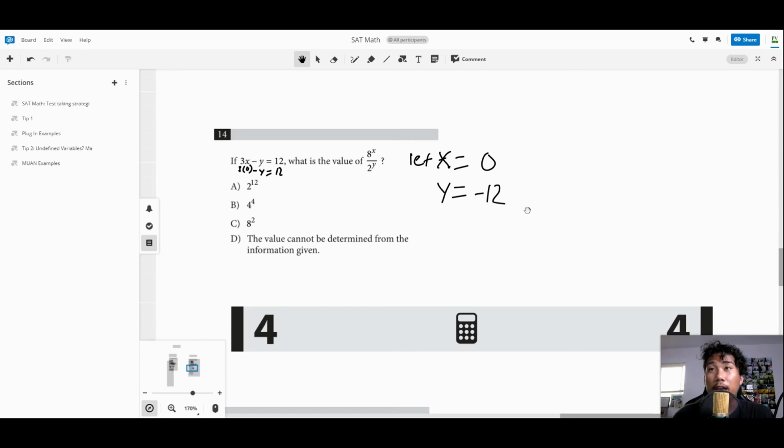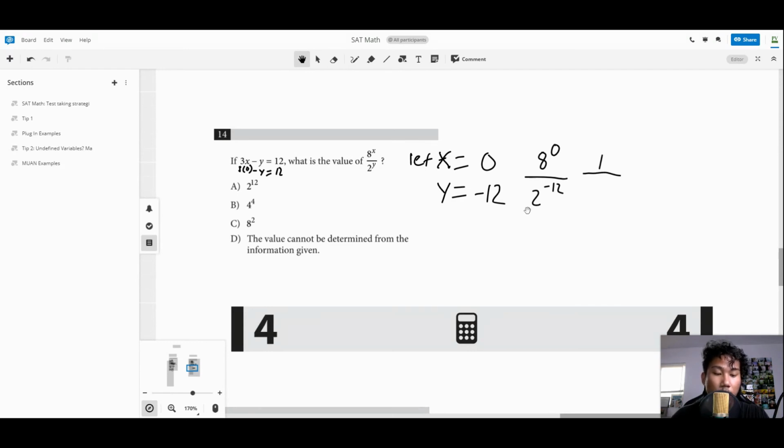So now that we have those two numbers, we can go ahead and plug them into 8 to the x over 2 to the y, which gives me 8 to the 0 power over 2 to the negative 12th power. And 8 to the 0 power, any number to the 0 power, is going to be just 1.